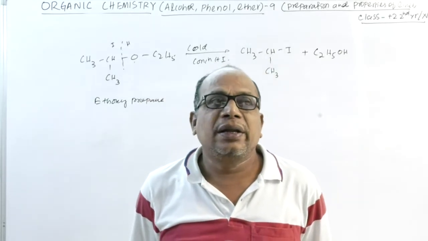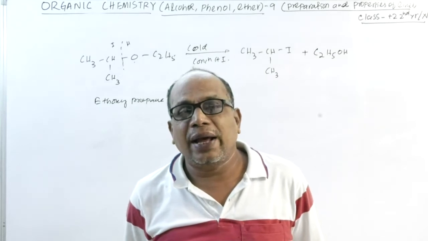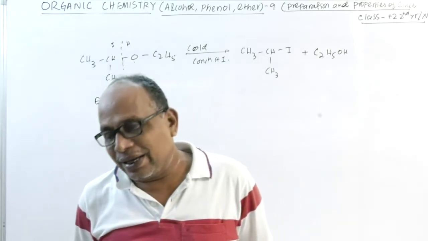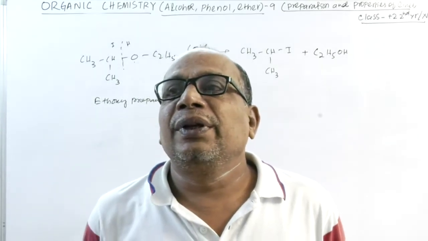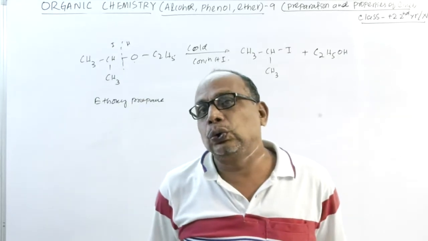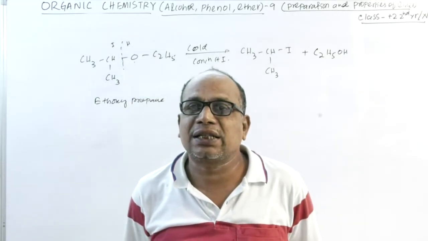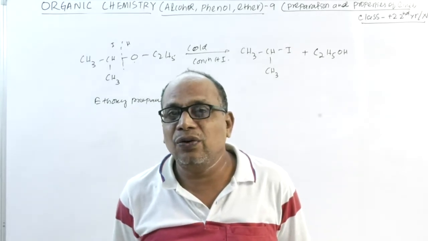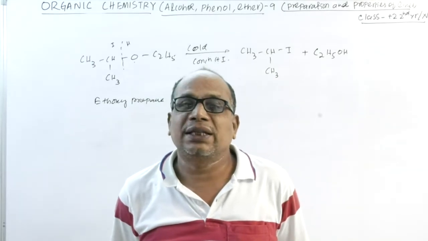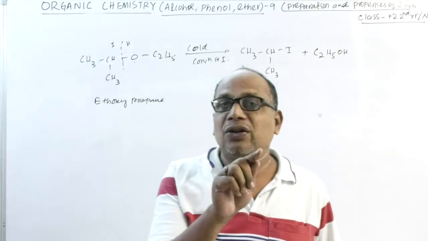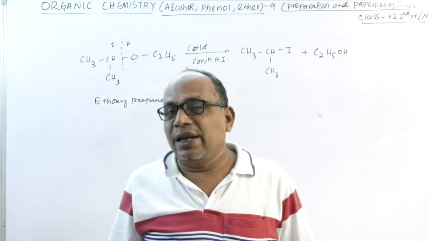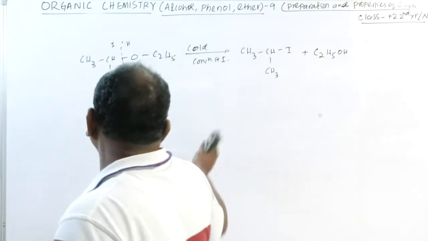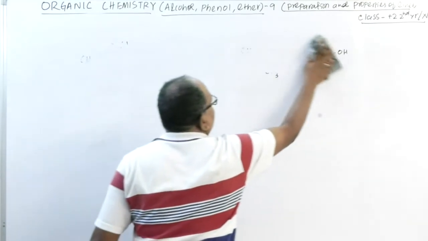In cold condition, it gives a mixture of alkyl iodide and alcohol. In the case of unsymmetrical ether, the I goes to the alkyl group which has fewer carbon atoms. But if the ether has a secondary or tertiary alkyl group, the I goes to the secondary or tertiary alkyl group, not the less bulky group.